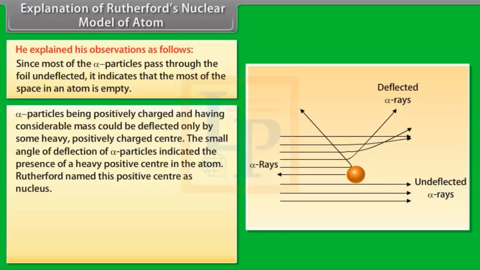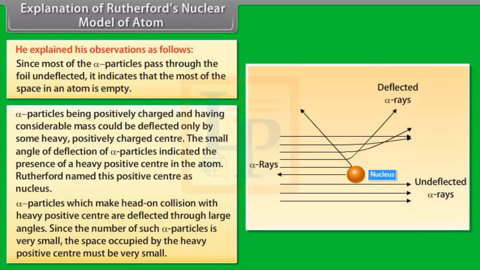The small angle of deflection of alpha particles indicated the presence of a heavy positive center in the atom. Rutherford named this positive center as nucleus. Number 3. Alpha particles which make head-on collision with the heavy positive center are deflected through large angles. Since the number of such alpha particles is very small, the space occupied by the heavy positive center must be very small.